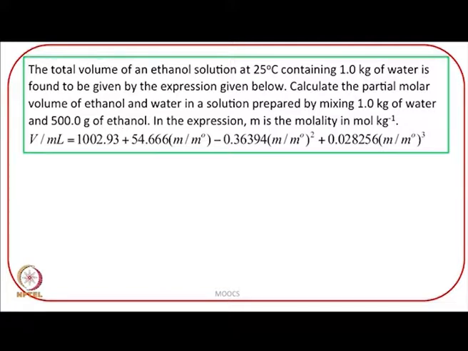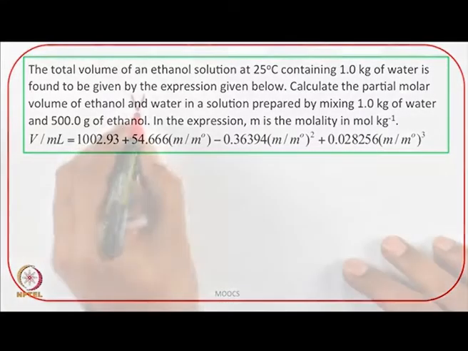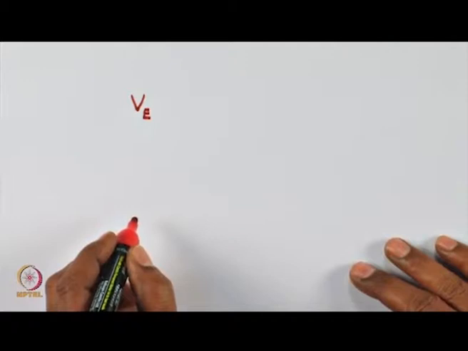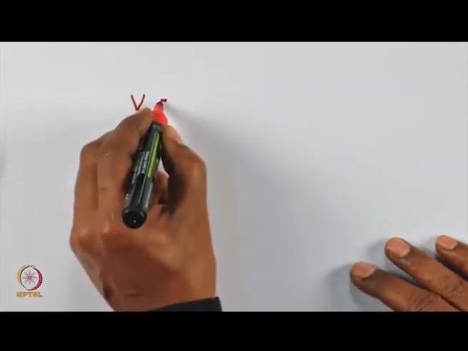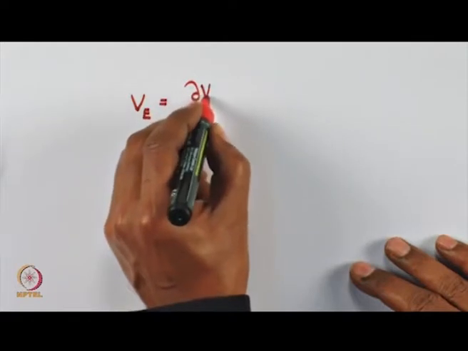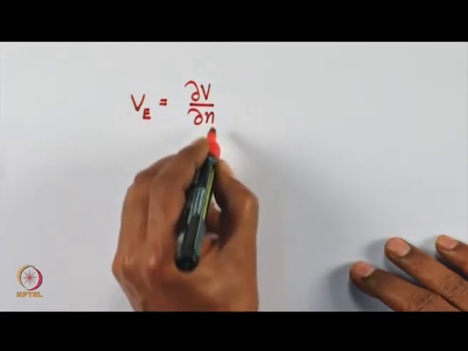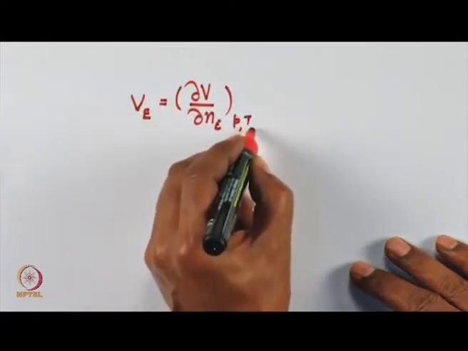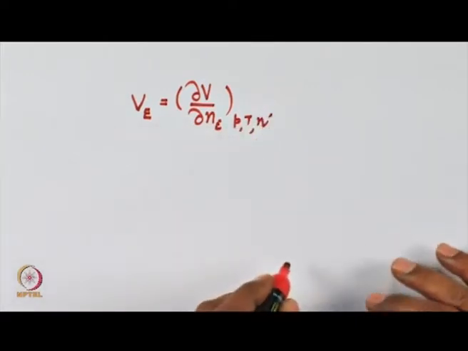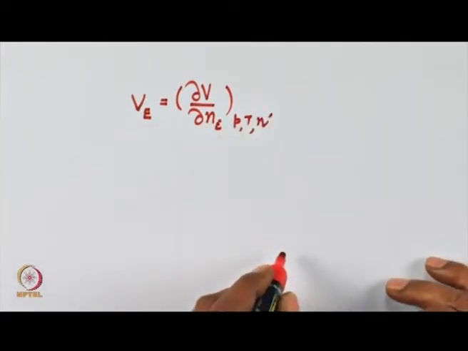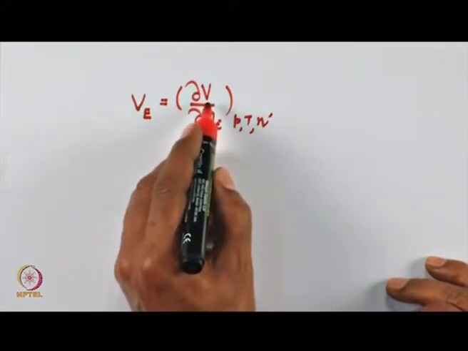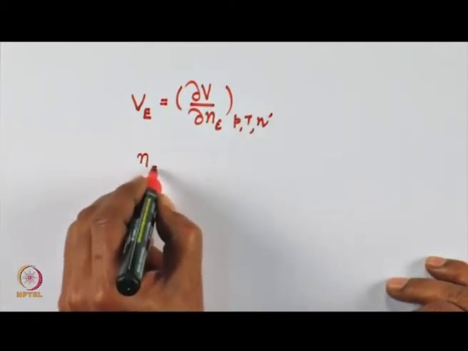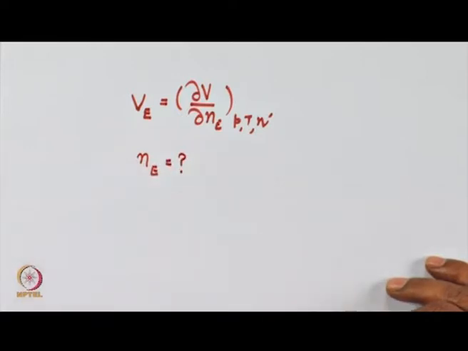The definition of partial molar volume: if I represent ethanol by E, the partial molar volume of ethanol will be dou V by dou NE at constant pressure, temperature, everything else constant. V is the total volume for which the expression is already given, and we want to know what NE is.